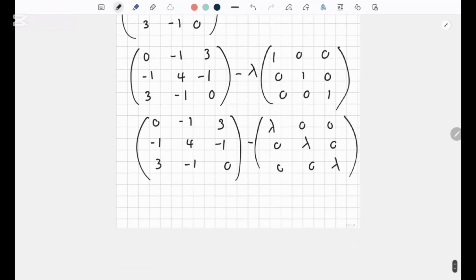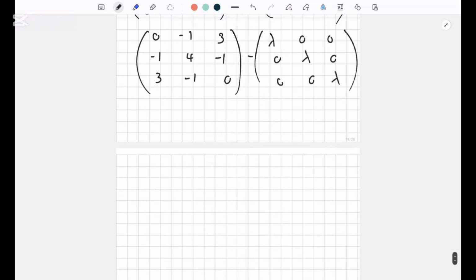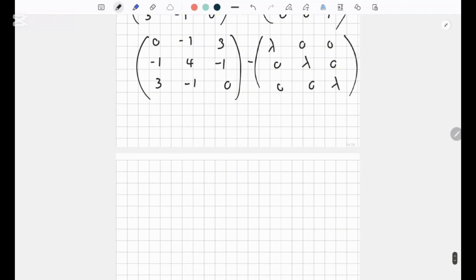Okay. Now let's subtract. It's a 3 by 3 matrix. Both of them are 3 by 3 matrices. So it's just minus lambda, minus 1, 3. Then minus 1, 4 minus lambda, minus 1.